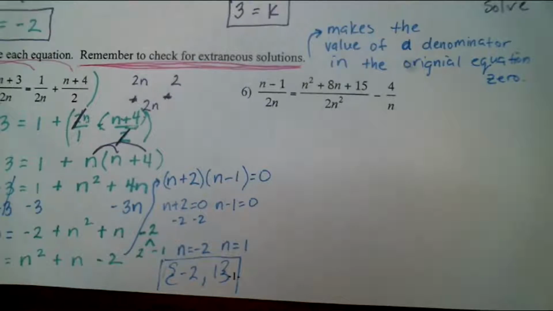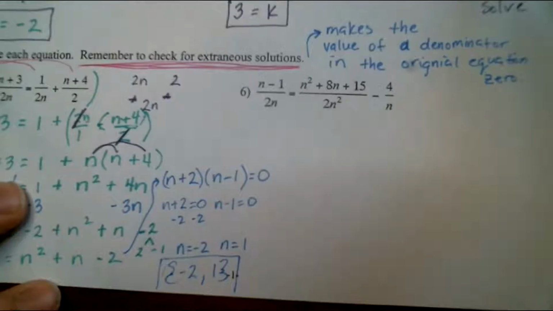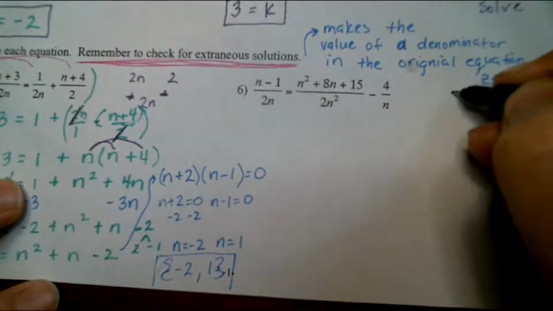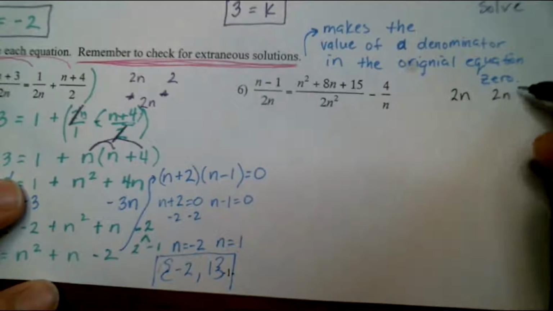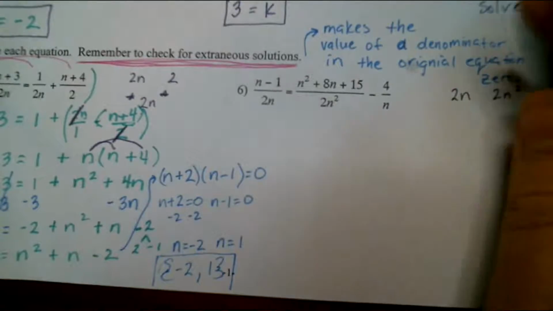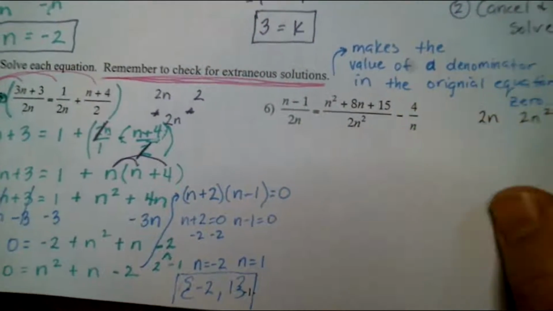All right, so then let's jump over to number 6. We got n minus 1 over 2n. So the first step is to find an expression that will cancel everything. So I have 2n squared and n. And if you remember what I said in the beginning problem, I said normally look at the largest one and ask yourself, will it work here?